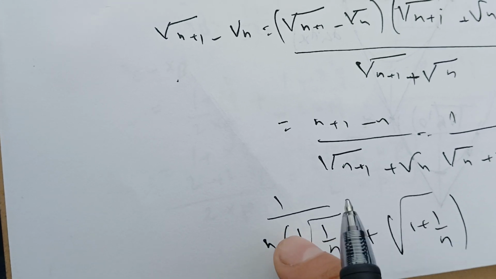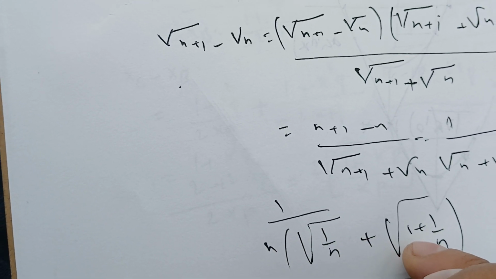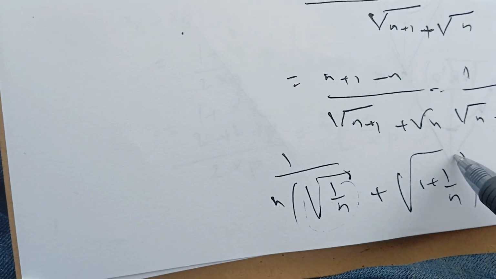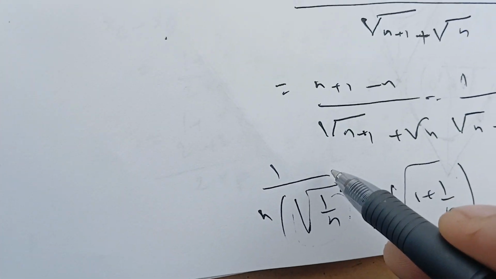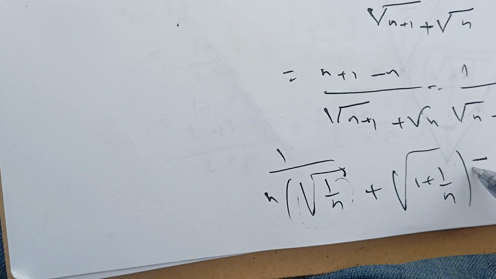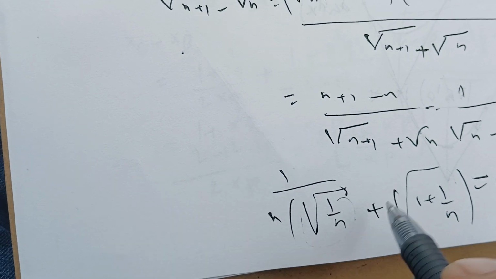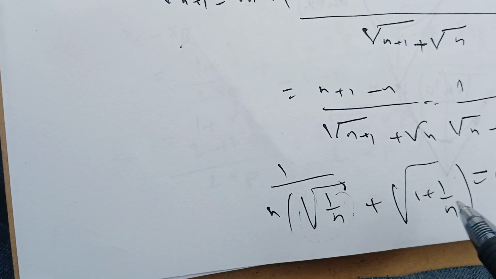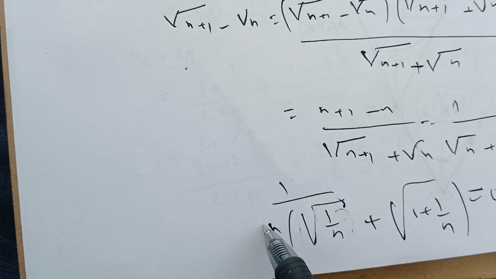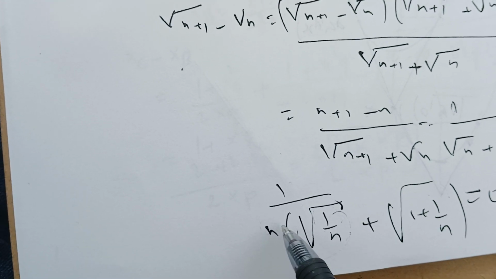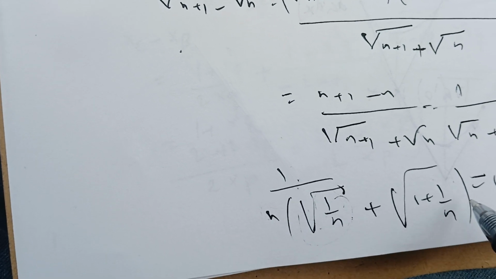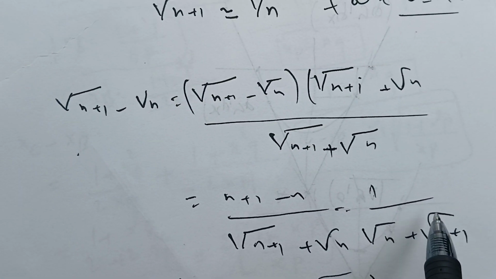In this case, this one goes to 0, this one goes to 1, and so the limit of the factor is 1, and we have something that goes to infinity times 1, which is infinity. So we have 1 over infinity, which is 0. We could have deduced that from here.